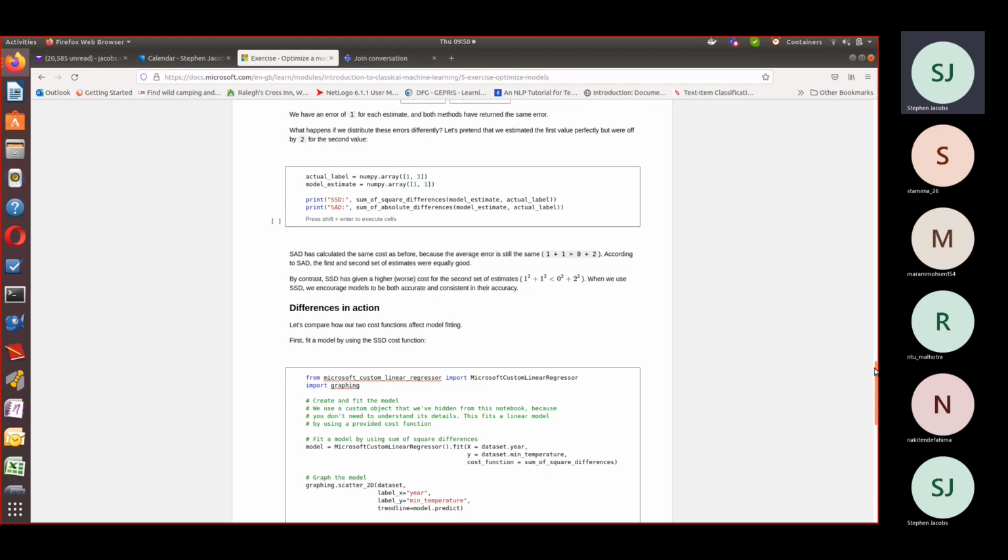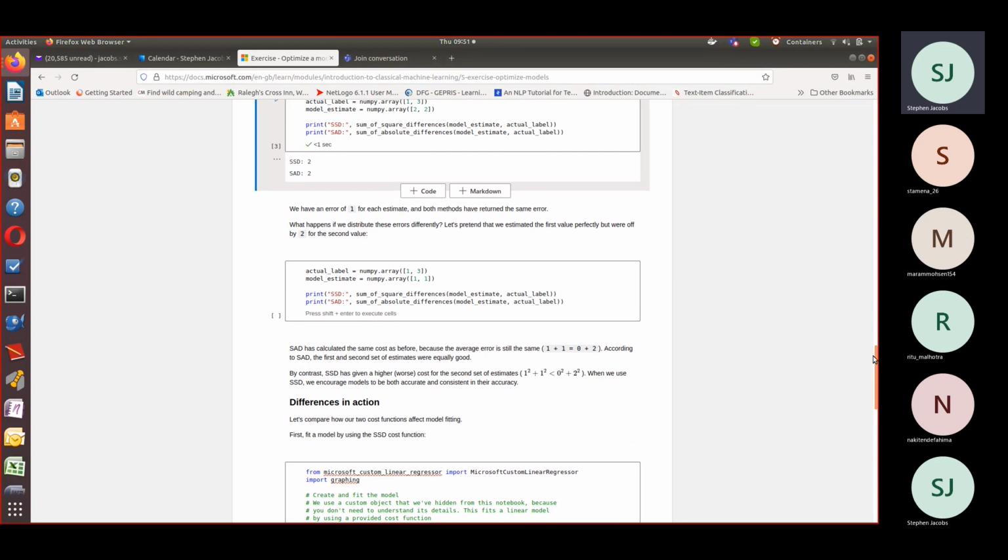What happens if we distribute these errors differently? Let's pretend that we estimated the first value perfectly, but we were off by 2 for the second value. So what we're doing here is actually hard coding the result of the prediction, just for simplicity's sake.